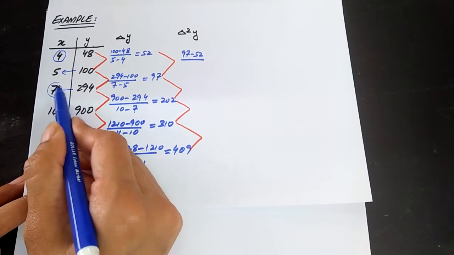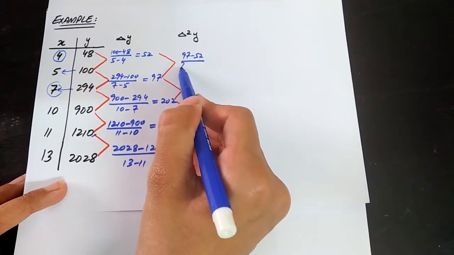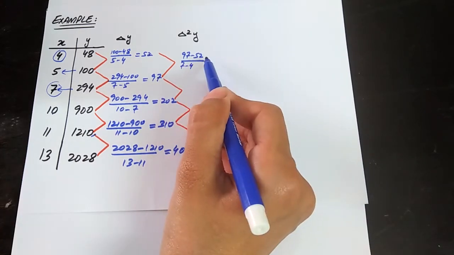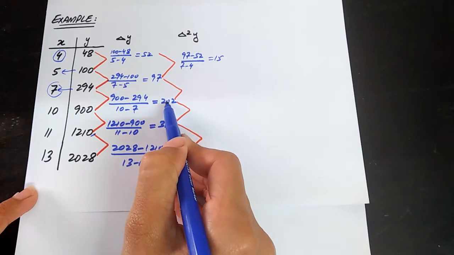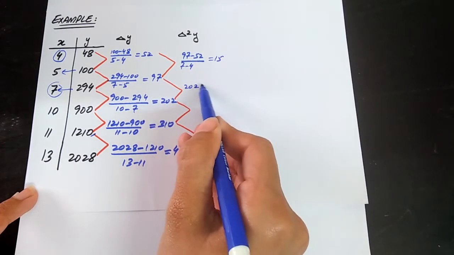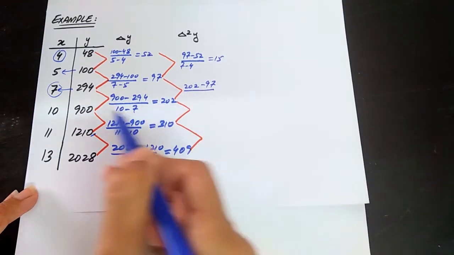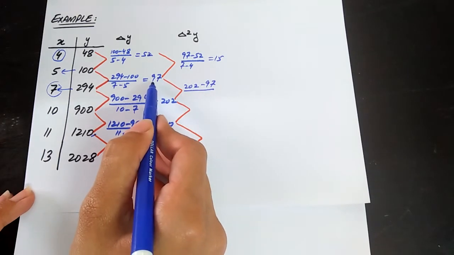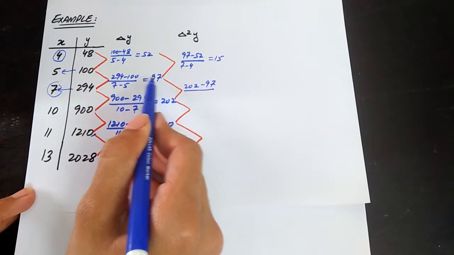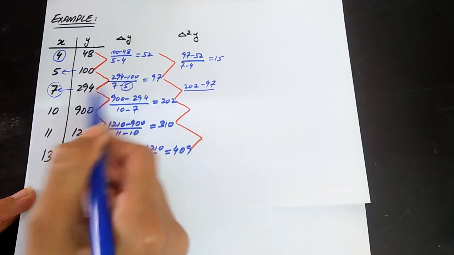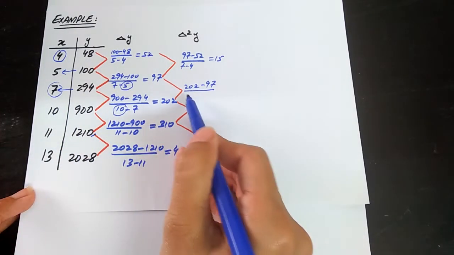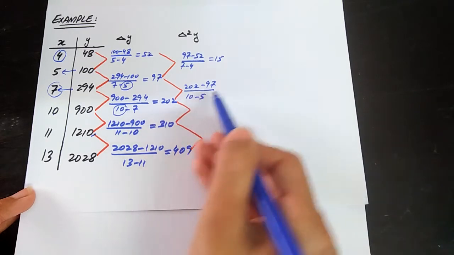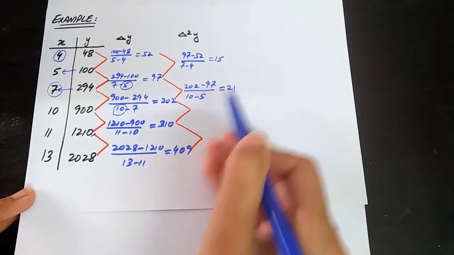So it will be 7 minus 4. That will give me 15. Now this one, 202 minus 97 divided by, it is starting from 5 and ending at 10. So it will be 10 minus 5. So it will give me 21.